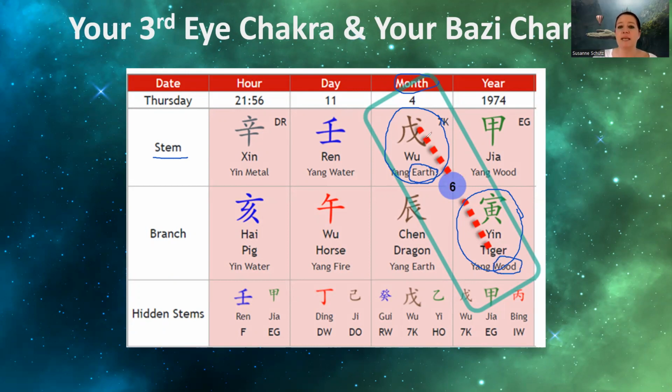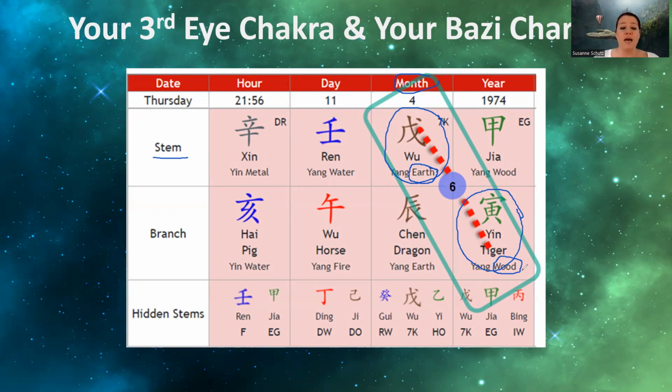As you can see, in the month stem we have the earth element, and in the year branch we have the wood element. Don't worry so much about the actual animal sign or the Chinese pronunciation or whether it's a yin or yang element. It doesn't matter. It's really just the actual element that you need to check. So here we've got earth and we've got wood.